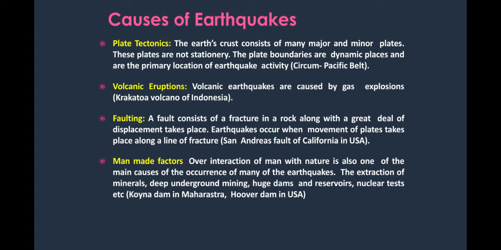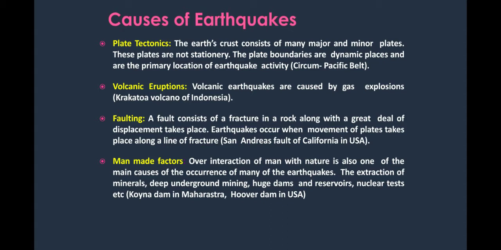Volcanic eruptions: volcanic earthquakes are caused by gas explosions. Then faulting. A fault consists of a fracture in a rock along which a great deal of displacement takes place. Earthquakes occur when movement of plates takes place along a line of fracture. Now faulting means there is a fracture in the plates which are moving. Any change there, the earthquake takes place because the balance goes away.